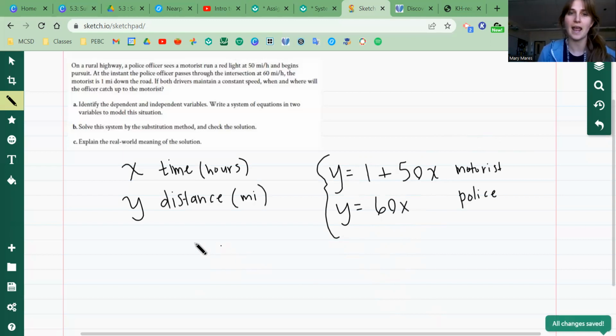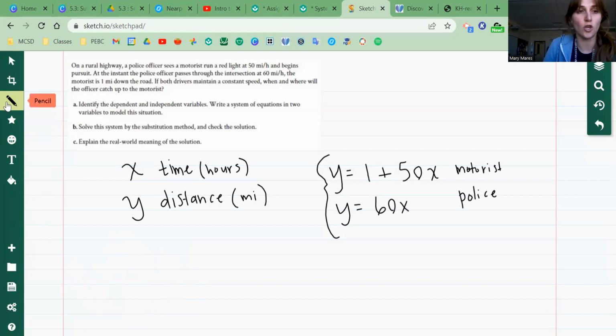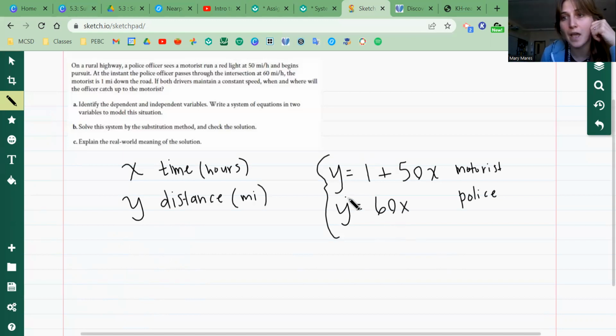Okay, and what we're going to do is use the substitution method in order to solve this system. So I want you to think about how we have y defined twice. We have y equals 1 plus 50x, but we also have y equals 60x.